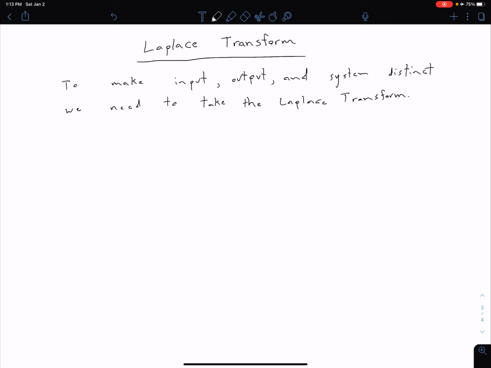So what is our Laplace transform? We can go back to our strict mathematical definition for a minute. We can say the Laplace transform of some function f of t, a function in the time domain, is by definition going to be capital F of s. So s is our variable in the frequency domain.